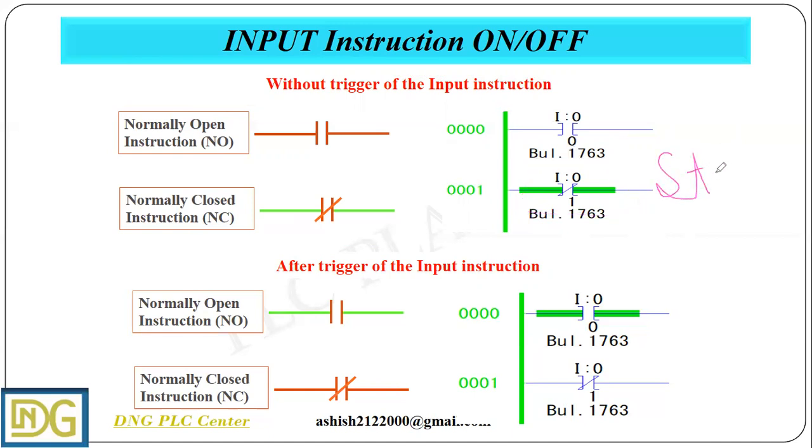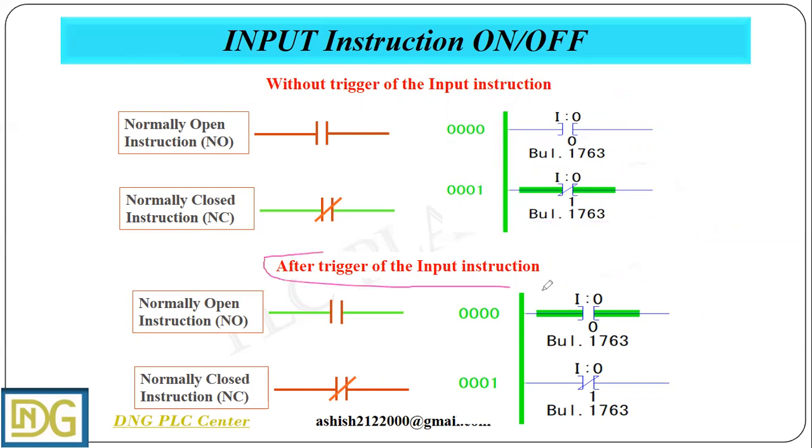When we want to stop our control process, we use normally closed instructions for the stop application. When we are starting, we use our normally open instructions.